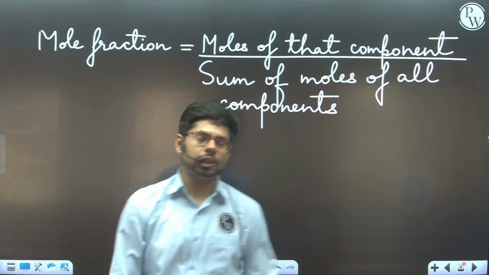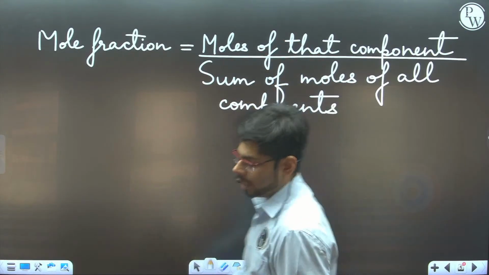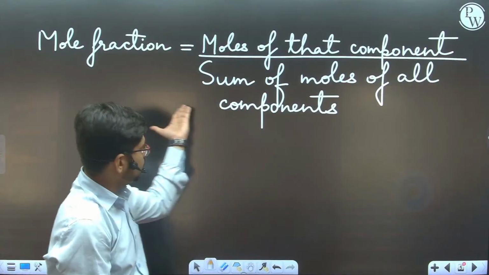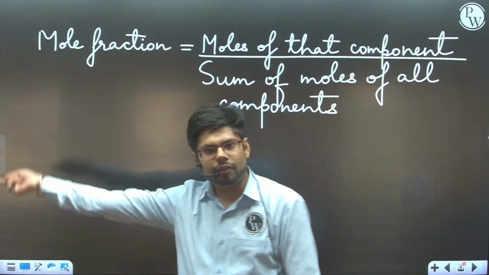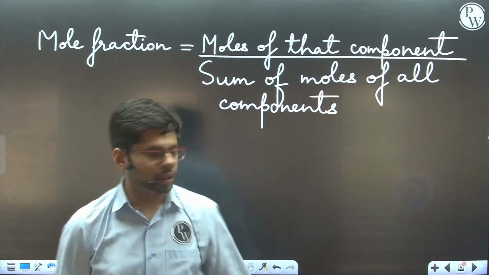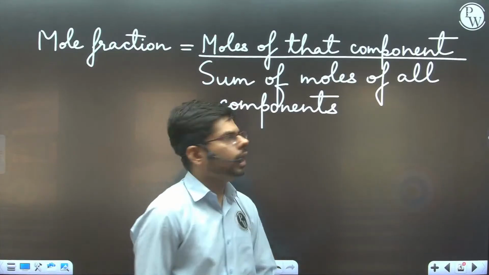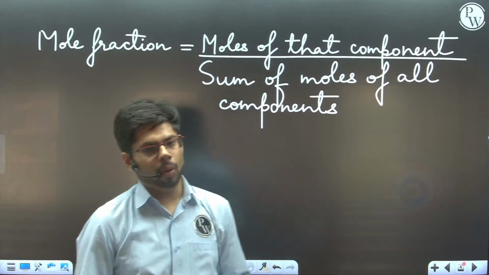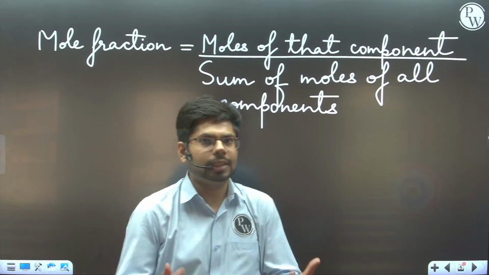Fraction means it has to be less than 1, right? So the numerator has to be smaller than the denominator. Obviously, isn't it common sense? You are adding the moles of all the components in the mixture. So definitely the denominator is going to be higher in value as compared to the numerator. In the numerator, you take moles of only that specific substance whose mole fraction we are interested in finding.